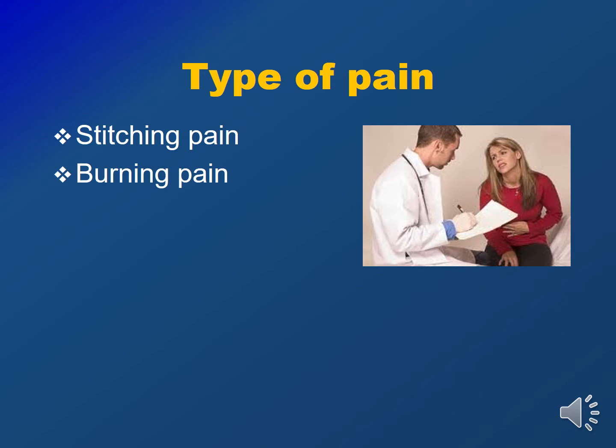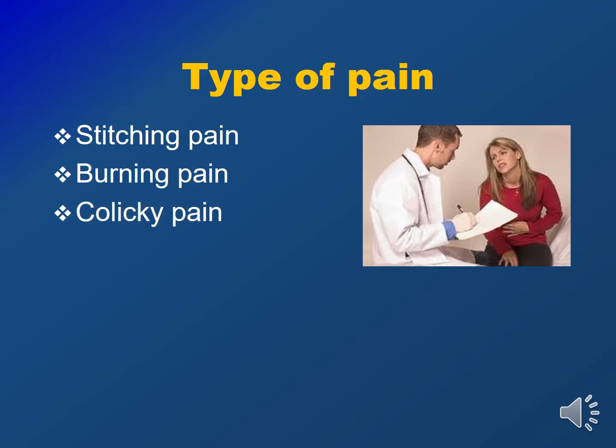Burning pain, حرقان. This indicates inflammation or irritation of a mucous membrane. The most common burning pain you feel is heartburn, حرقان فم المعدة, or in dysuria because of inflammation and irritation of the urinary bladder mucosa.